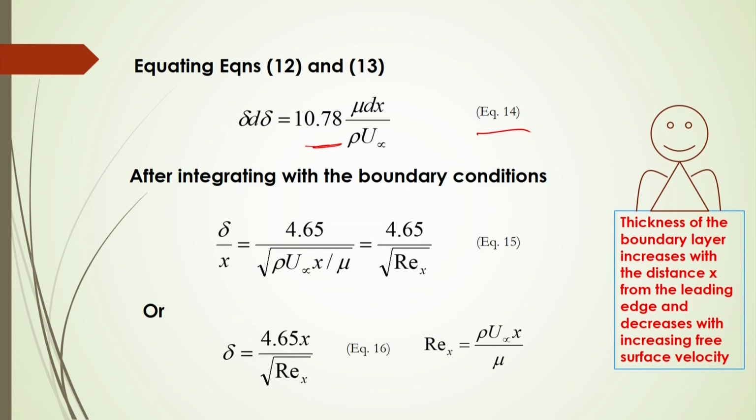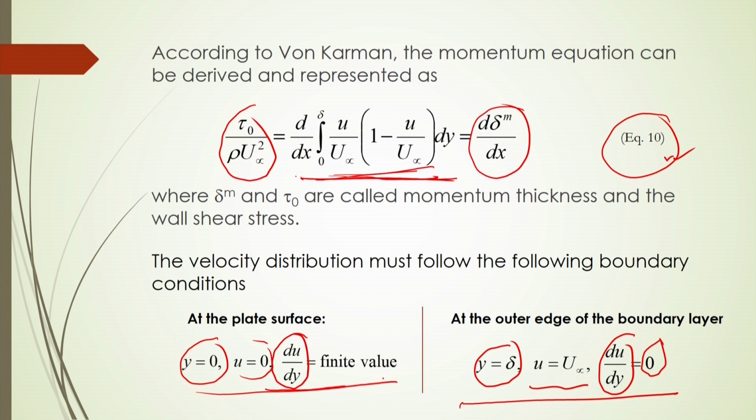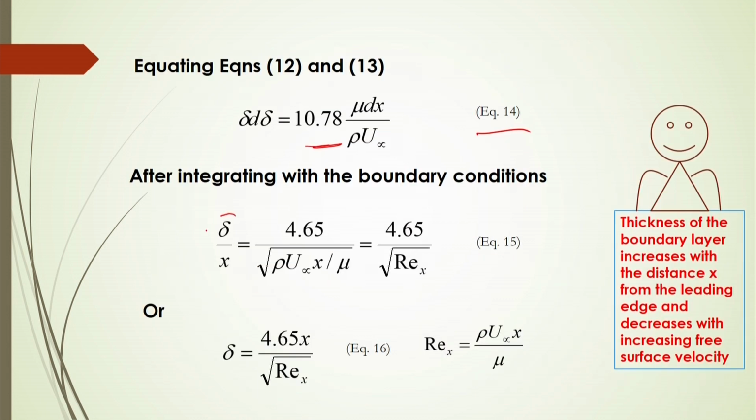Now, after integrating with the boundary conditions that we have given at the plate surface and at the outer edge of the boundary layer, we get delta by x equal to 4.65 divided by root over rho u infinity x divided by mu, and this term rho u infinity x by mu is called the Reynolds number, based on the horizontal distance from the start of the boundary layer.